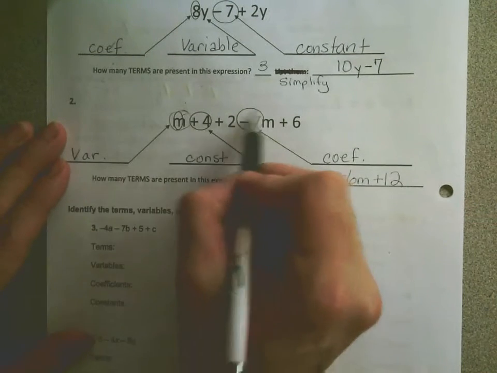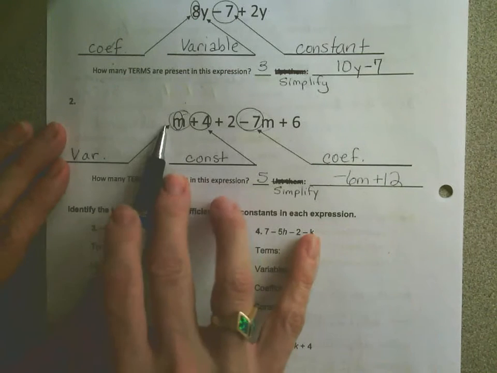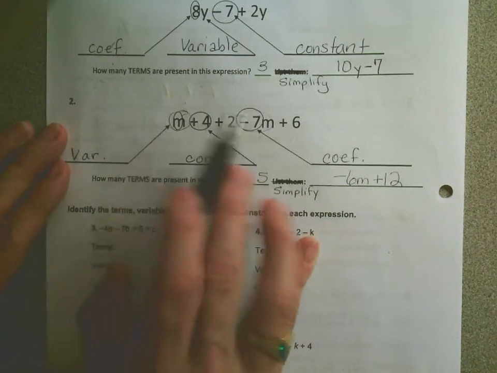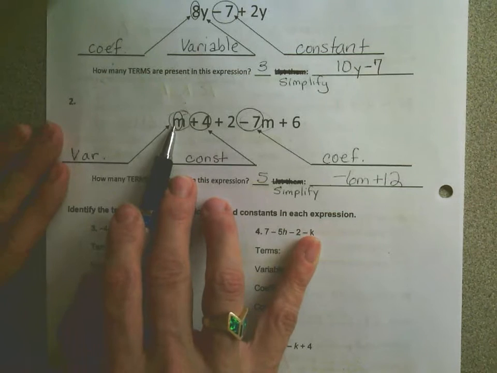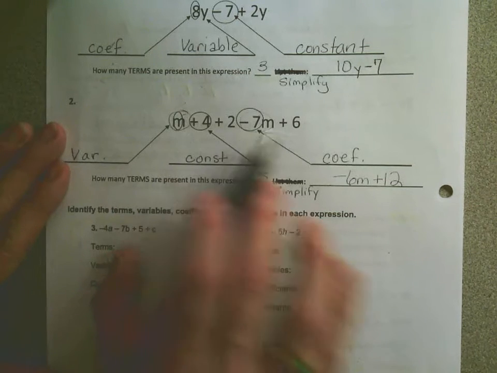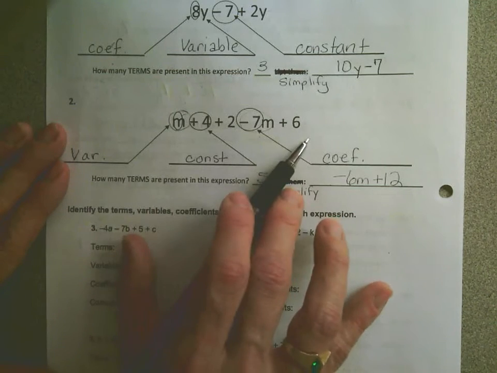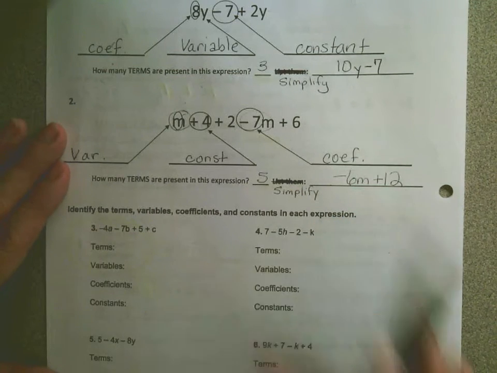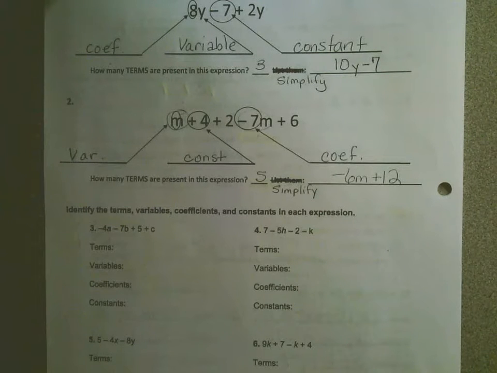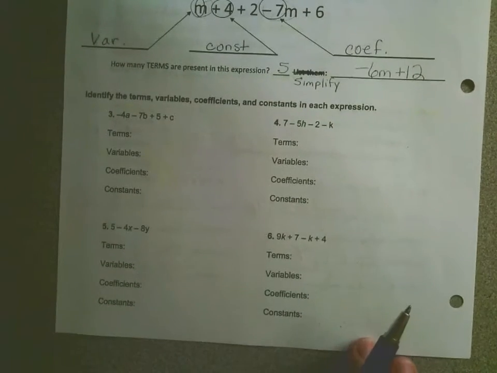The M's combined, that's a positive 1M. That's not 0M, that's positive 1. Negative 7M combines to give us negative 6. The 4, the 2, and the 6 all positive combine to give us a 12. Okay? We can keep going. Look, there's 4 more samples.